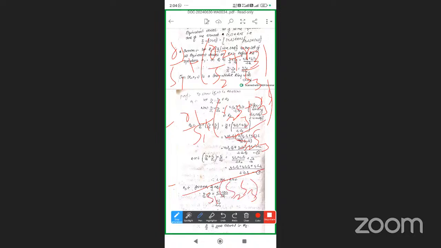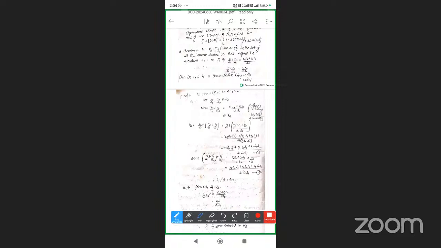So R1 S2 S3 plus S1 times R2 S3 plus R3 S2. So this is clear now. It is equal to R1 S2 S3 plus R2 S3 S1 plus R3 S1 S2 by S1 S2 S3.